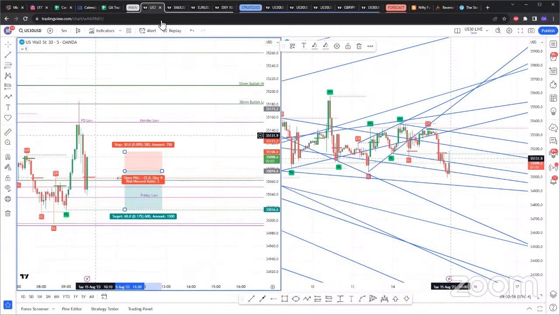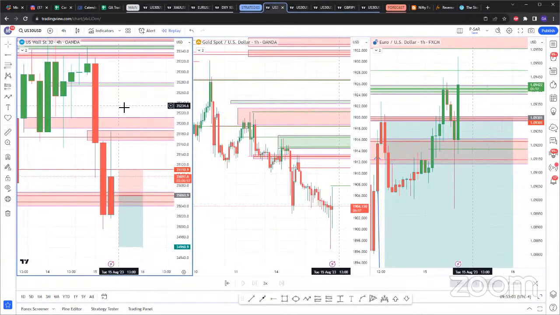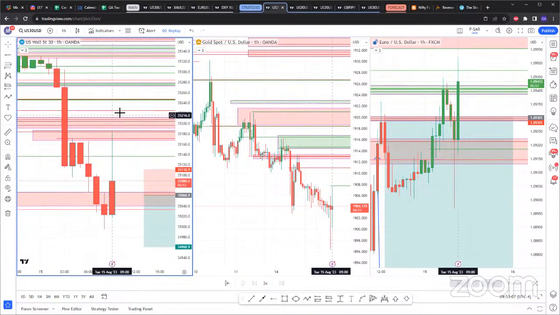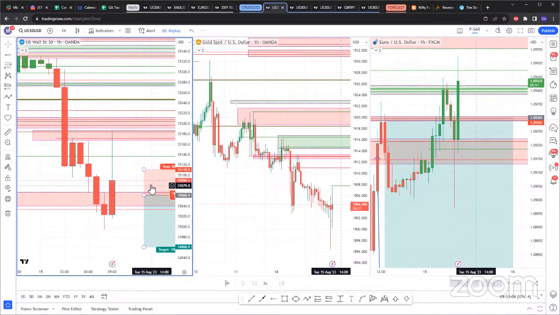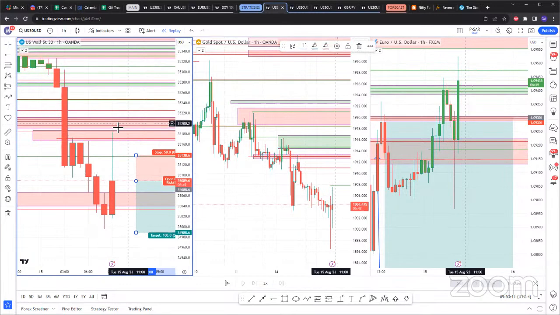So keep in mind, if it keeps going back up there, we still know that we have this triple zone on the hourly time frame that has yet to be retested, this one right here. So keep that in mind during news as well. If price spikes all the way up here, depending on how volatile news is, if you see a rejection from here, that's when I would say maybe check the 1 minute, or if you want to enter on impulse, that would be a nice one.